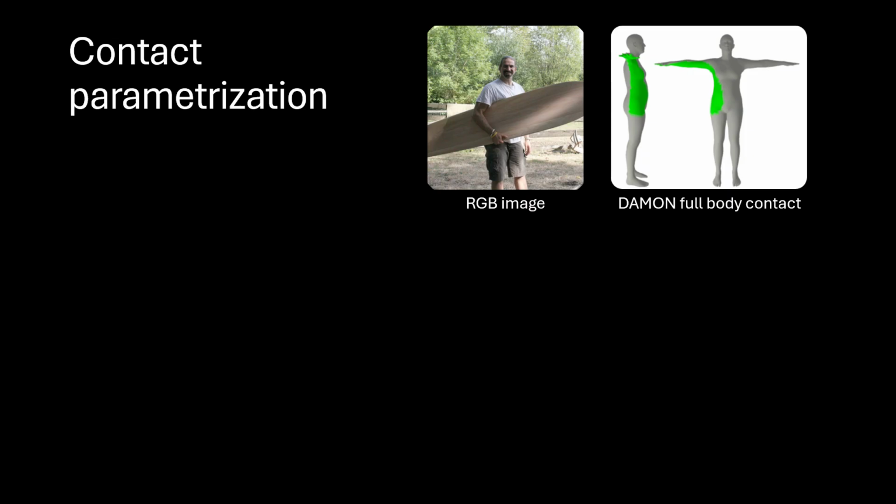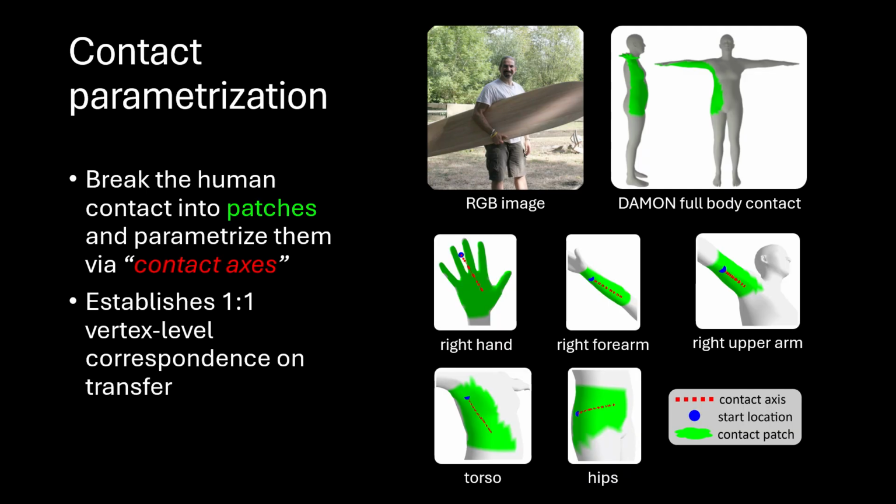Then we leverage the body contact annotations from the DAMON dataset and design a novel method to project the body-only contact annotations onto the object mesh with minimal human effort. We divide DAMON's full-body contacts into neighboring vertex patches, recovering one patch per contacting body part. Each contact patch is parameterized with a contact axis, which is a geodesic open curve on the patch surface.